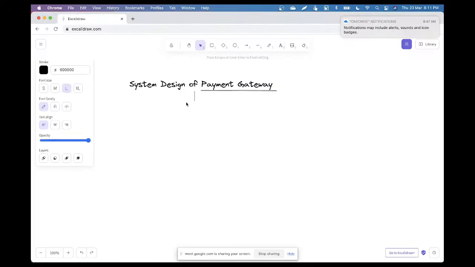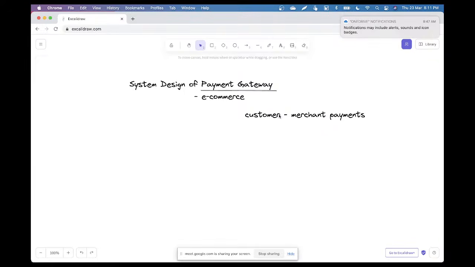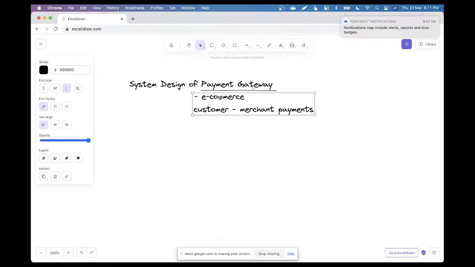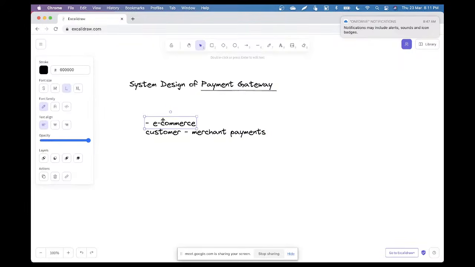So in e-commerce, this is mostly to do with customer to merchant payments, right?